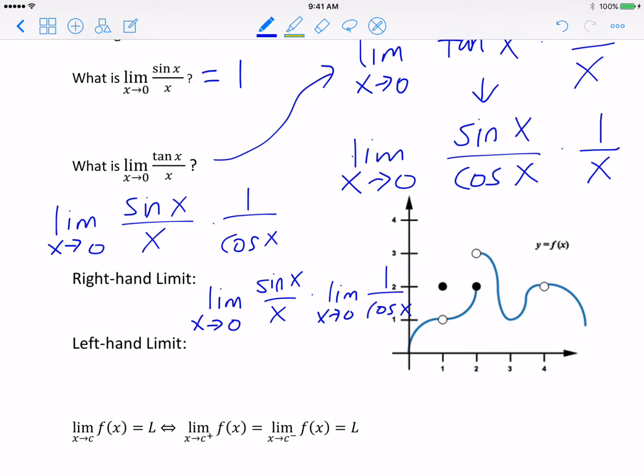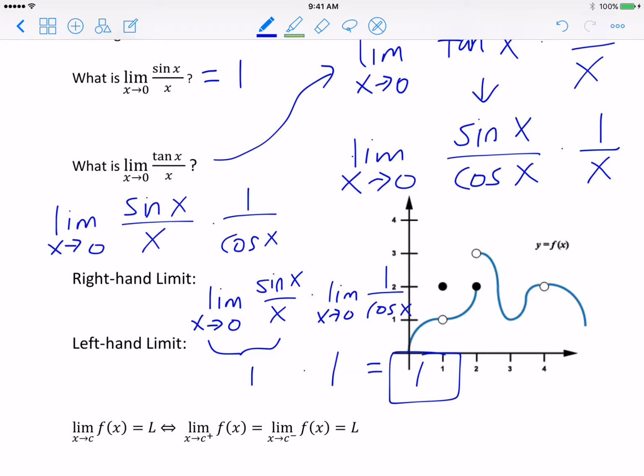That value is equal to 1. And then 1 gets multiplied by this value. Fortunately, cosine of 0 is defined. We know what cosine of 0 is. Cosine of 0 is 1. 1 divided by 1 happens to be 1 as well. So 1 times 1 in the end gives you the answer of 1. By the way, if you want to look into this, this is example 5 on page 63.